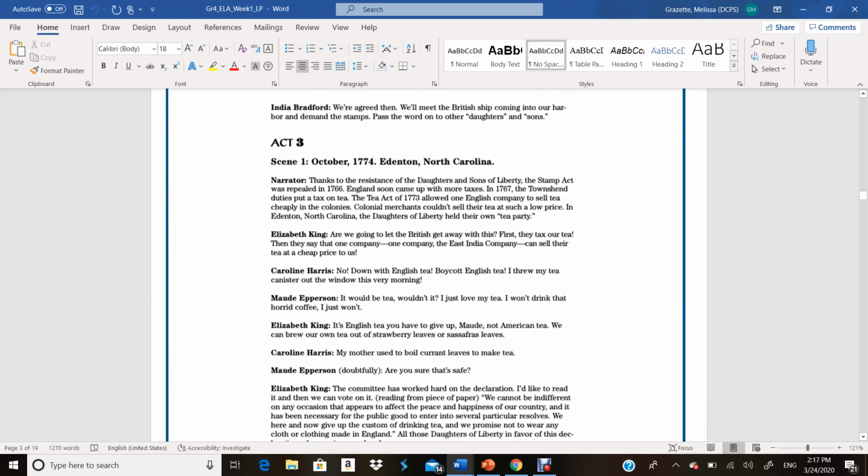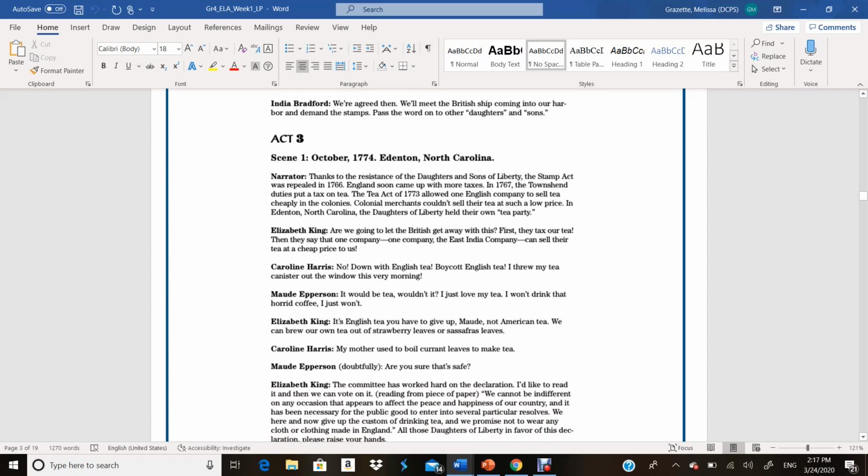Act 3, Scene 1. October 1774, Eddington, North Carolina. Narrator: Thanks to the resistance of the Daughters and Sons of Liberty, the Stamp Act was repealed, or removed, in 1766. England soon came up with more taxes.